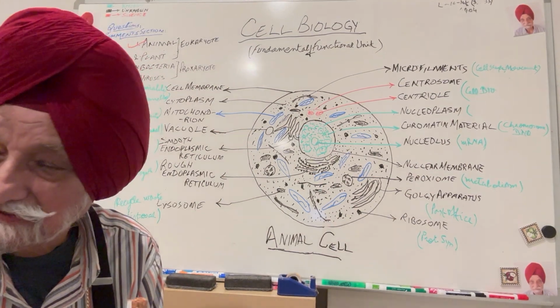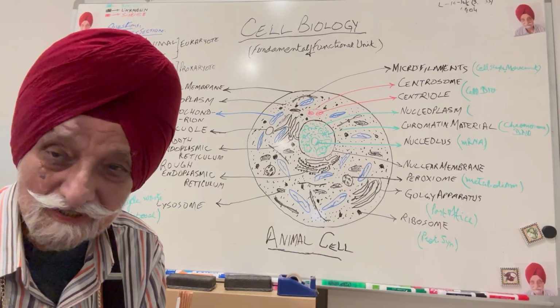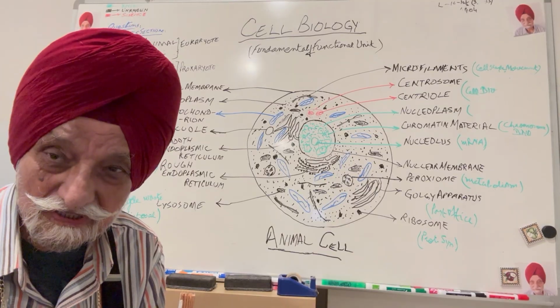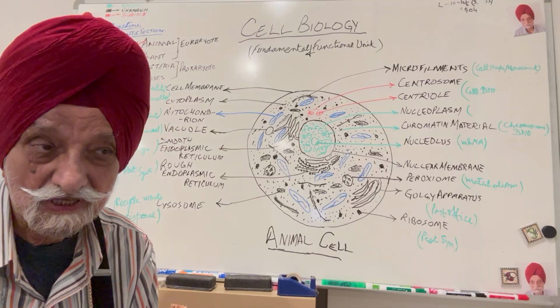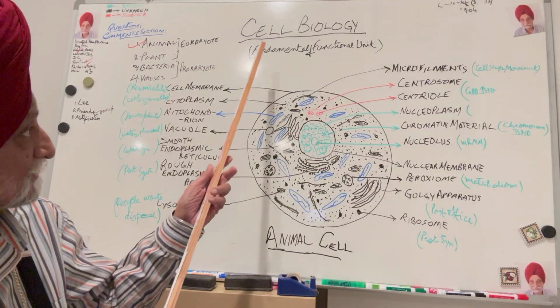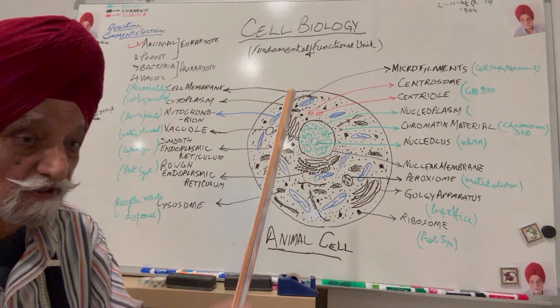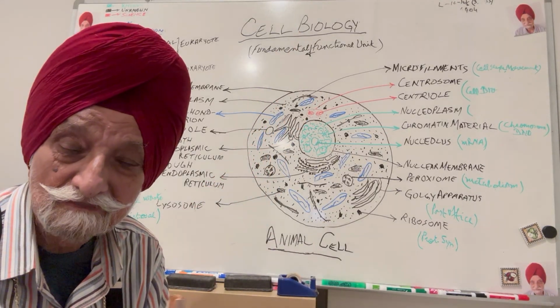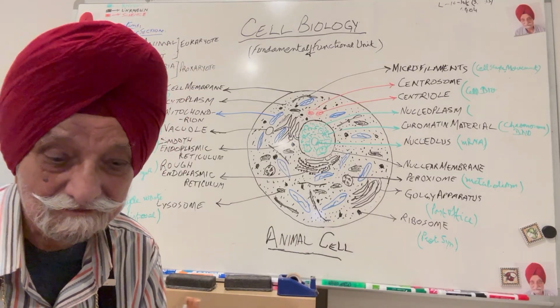All living things are made up of a very small structural and functional unit of a living structure. This fundamental structural and functional unit of a living body is called a cell.